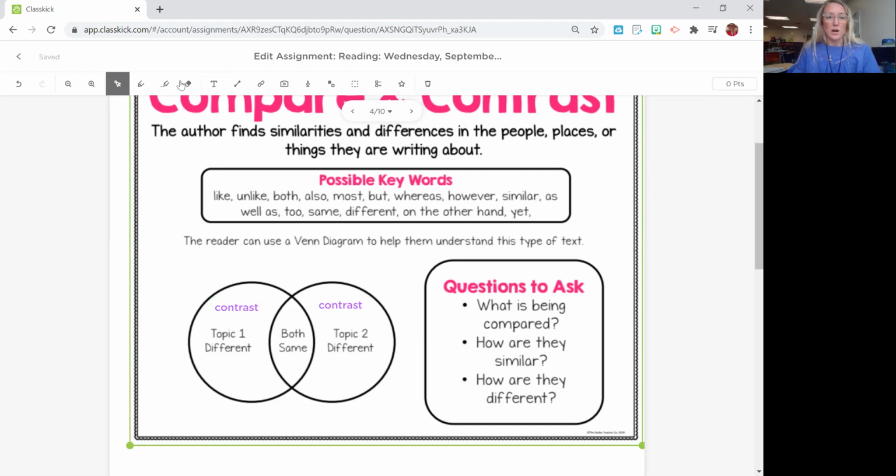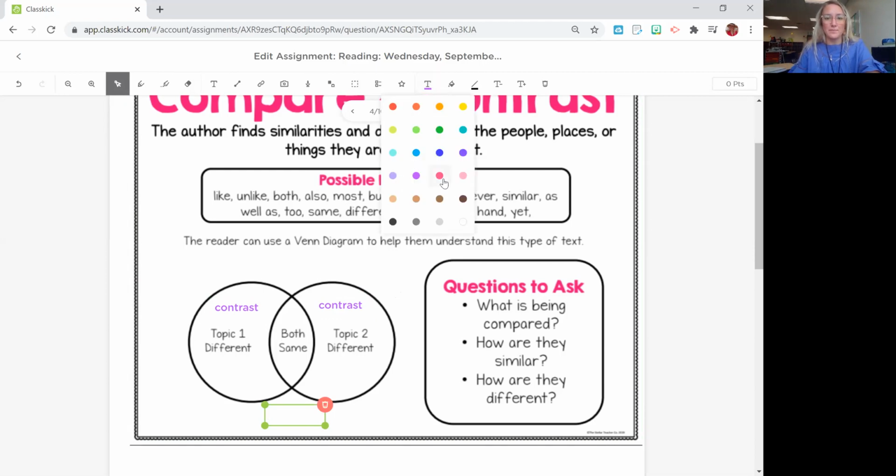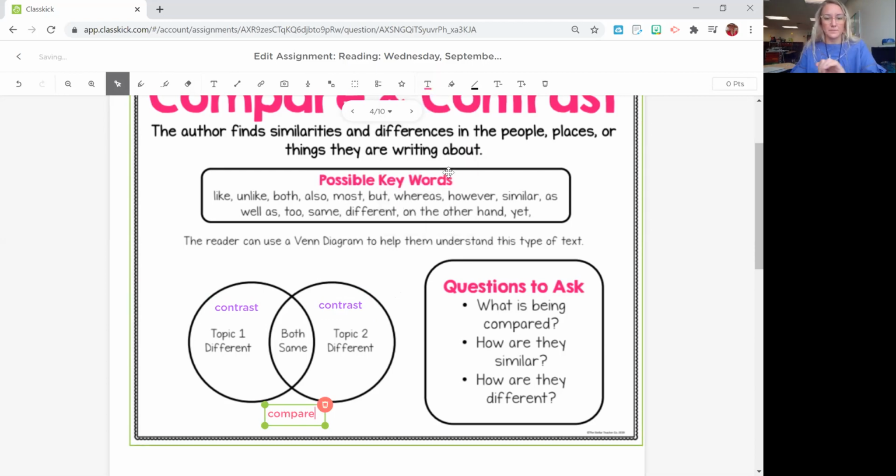The middle part is where we compare the two topics. Comparing means what is the same. That's where we compare them. So maybe you would compare your two favorite sports, what you like about both of them. That would be in the comparing part.